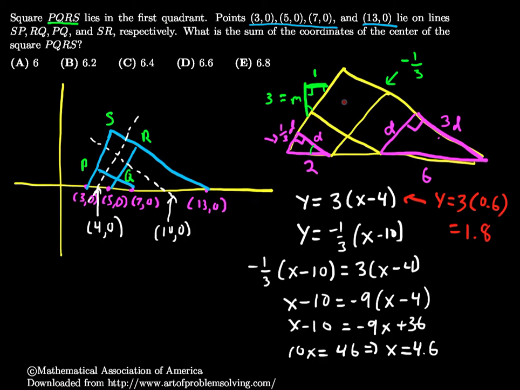And so this point in the middle of the square here is, I'll mark it down here, (4.6, 1.8). And when I do 4.6 plus 1.8, that's what they're looking for, the sum of the coordinates, I will get 6.4, and my answer is C.